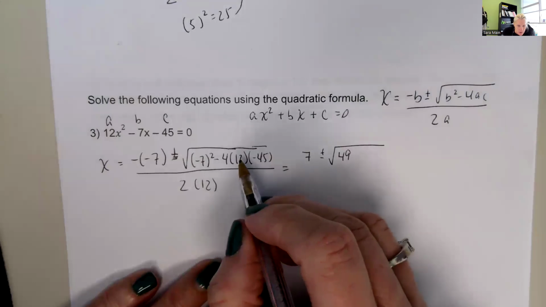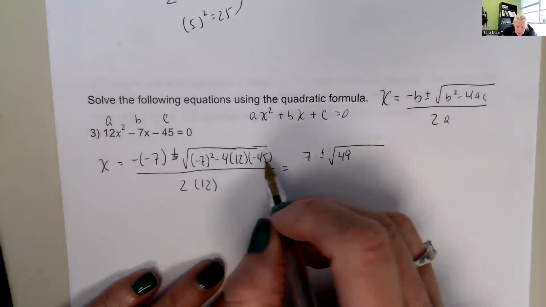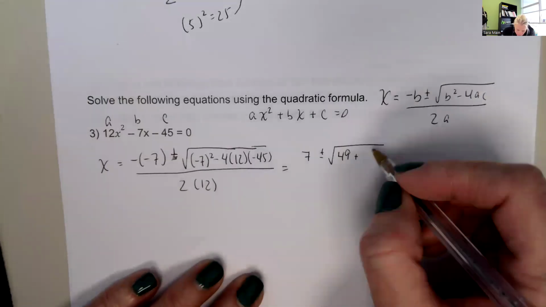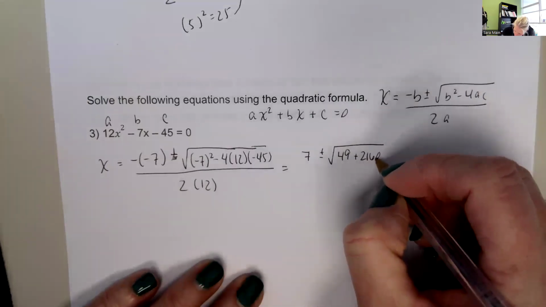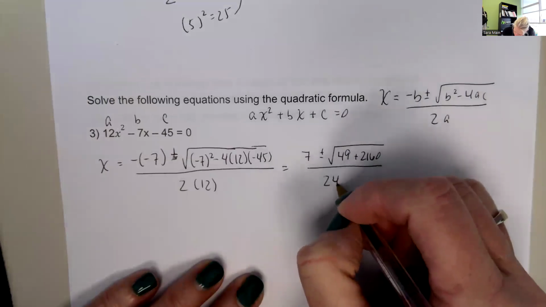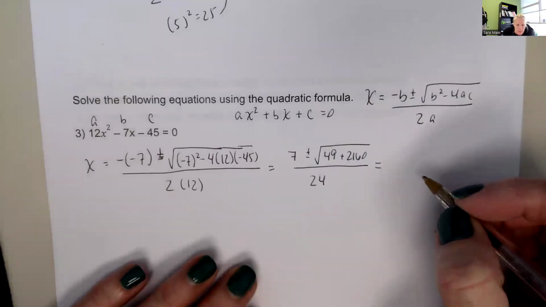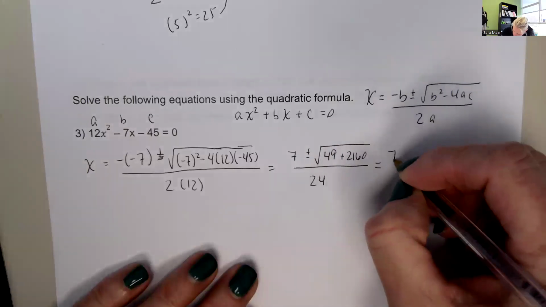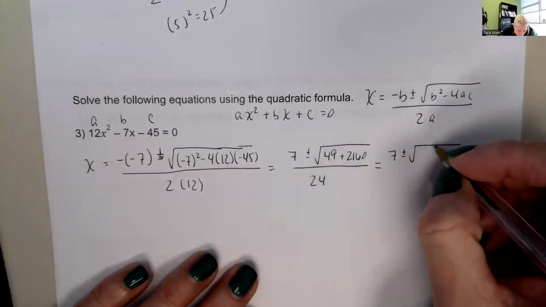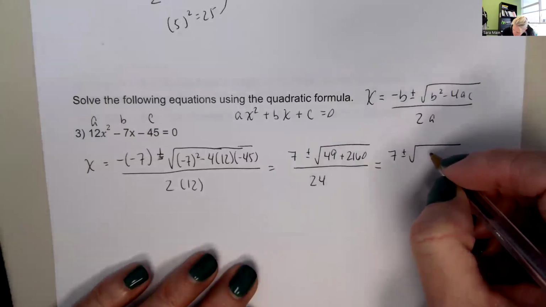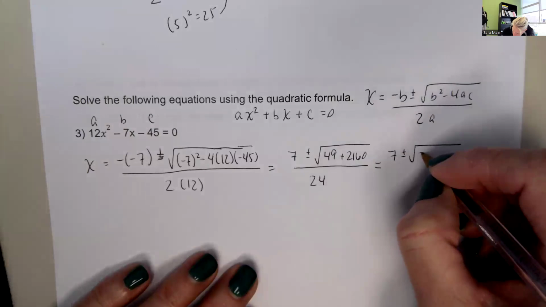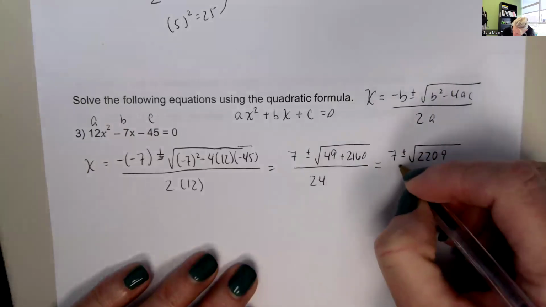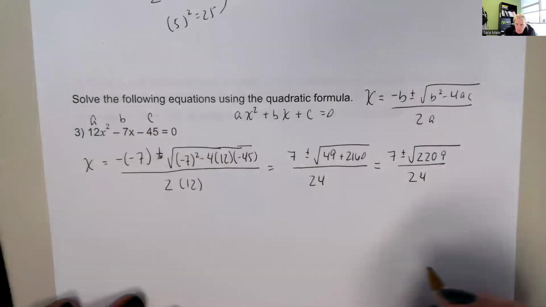And we have a -4 times 12 times a -45. So that's going to be plus 48 times 45 is 2160, all over 24. Then we're going to add what's inside this root. So we have 7 plus or minus the square root of 2209 all over 24.